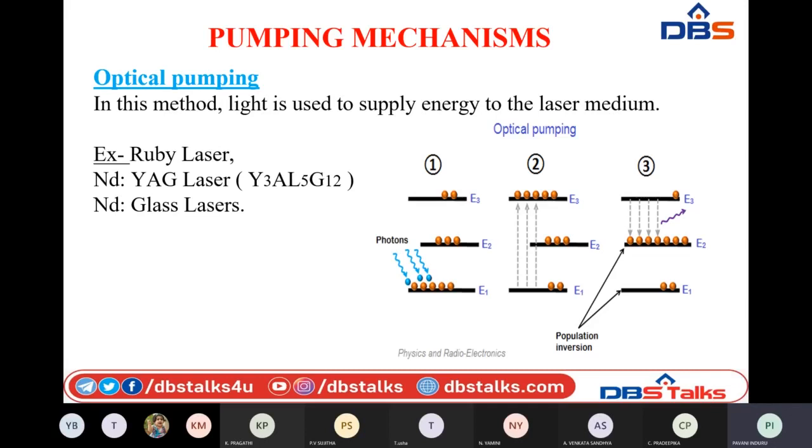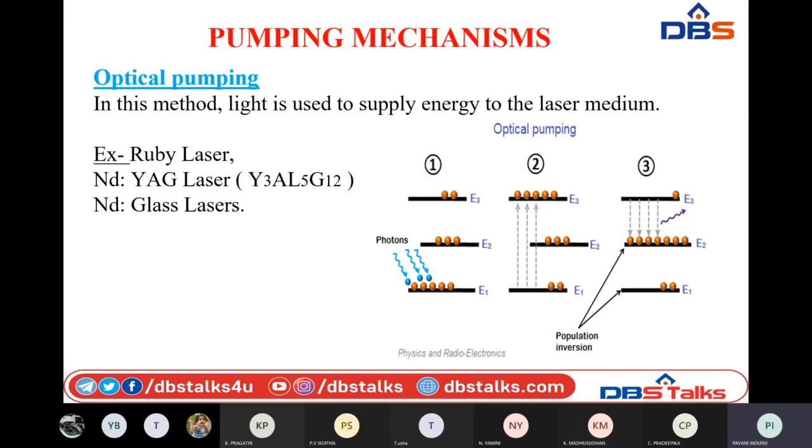That is why we need to stop that spontaneous emission in order for stimulated emission to take place. So we hold some number of atoms in the middle state, the metastable state, whose lifetime is greater than that of the higher energy state.